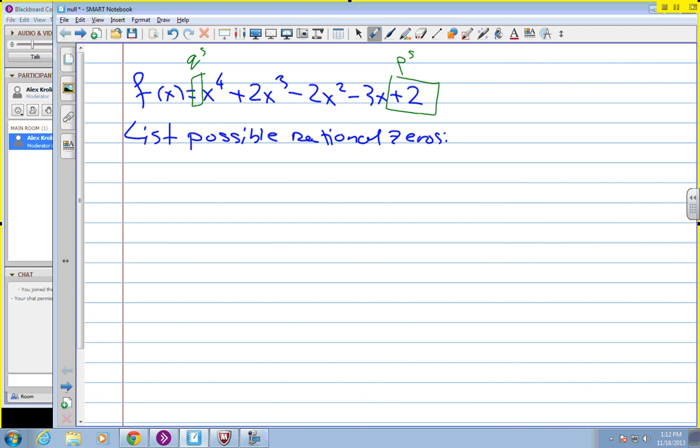P is a prime, that's nice. Q is 1, that's even better. It's P over Q. So the only possible rational zeros are plus or minus 1 and plus or minus 2, because the factors of 2 are 1 and 2, and you're dividing those by 1.